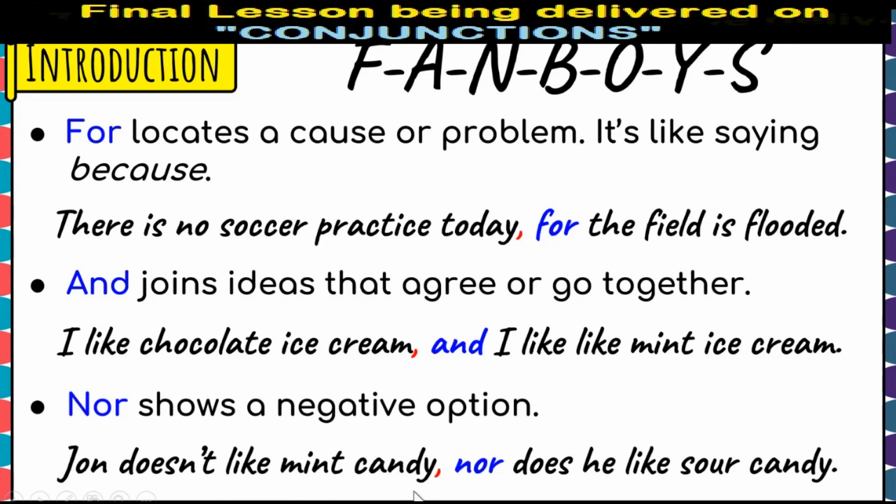John doesn't like mint candy, nor does he like sour candy. So here I'm telling about something negative that he does not like or that he doesn't want. So John doesn't like mint candy, nor does he like sour candy. He doesn't like both of them. Instead of again putting it into two sentences, I joined it with nor.